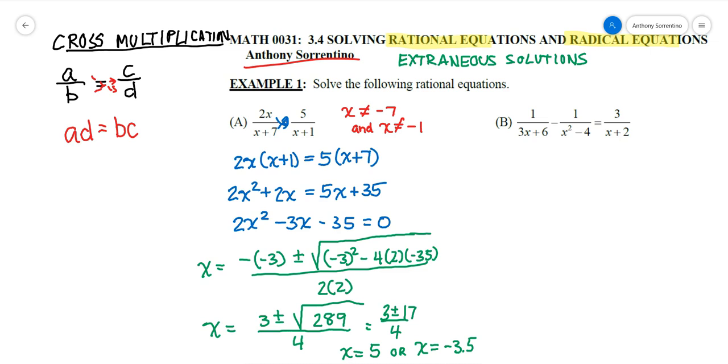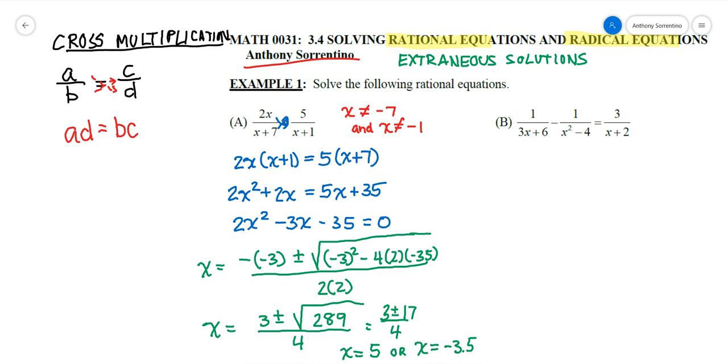And therefore, for these two values, x cannot equal this. But when I go through this process and I end up turning this rational equation into basically a quadratic equation, which has no restrictions at all, these solutions could possibly come out of the quadratic version of this. And because of that, that's where the extraneous solutions would possibly come from.